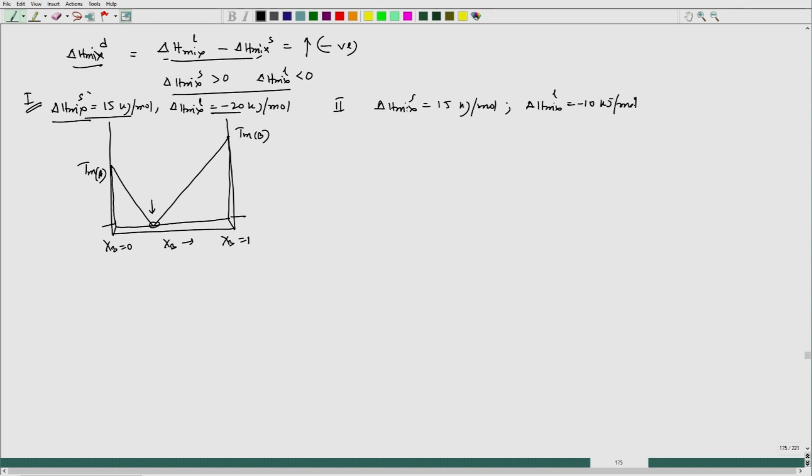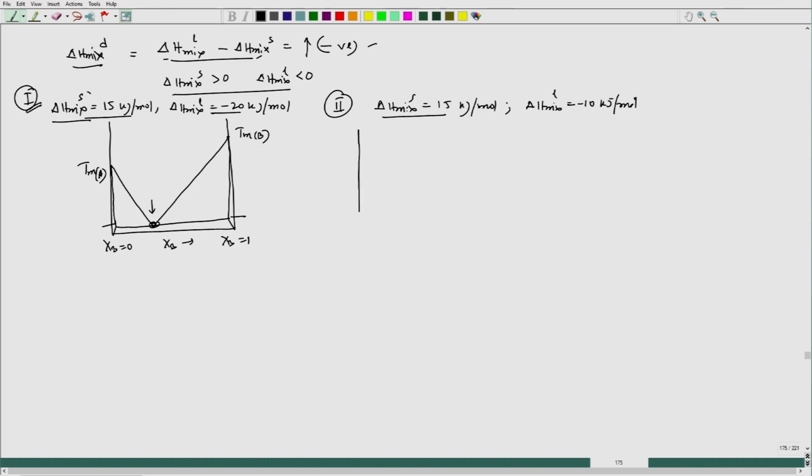In that case you see that this particular difference is actually decreasing. So, here the phase separation ability remains the same in case of solid, but since the liquid stability has decreased compared to case 1, this is case 2. So, this particular point will shift upward. So, liquid stability will go down.